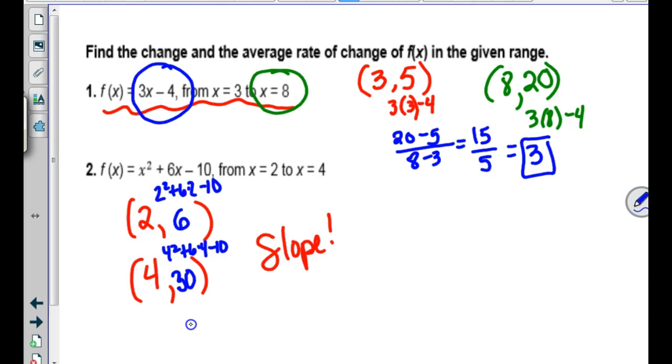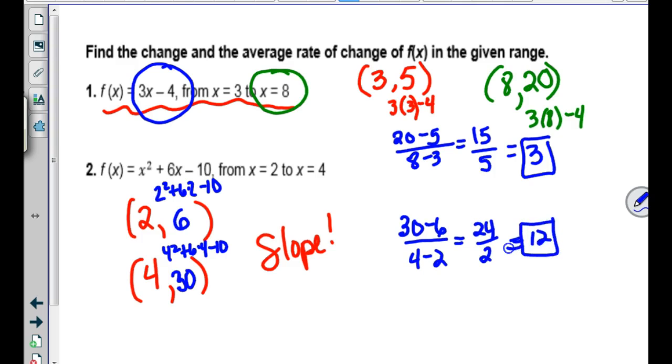Did anybody, are those right? 2, 6, and 4, 30? Okay. Anybody get 12? Everybody get 12.